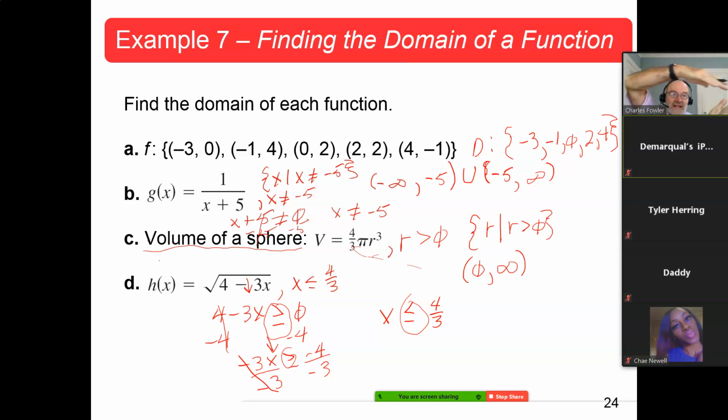Can you tell the difference? Greater than, I think of it this way: the big side is toward the thing that's bigger, and the little side, the point, is toward the thing that's smaller. If you're doing less than or equal to, then the little thing is on the side that's smaller and the big thing's on the side that's larger. You have to flip them only when you multiply or divide by a negative number, not a positive number.